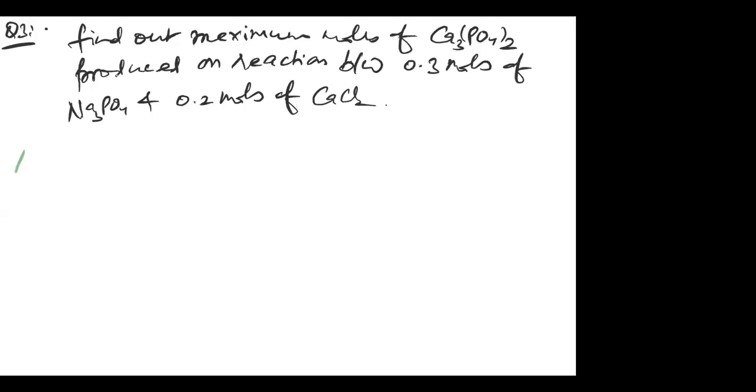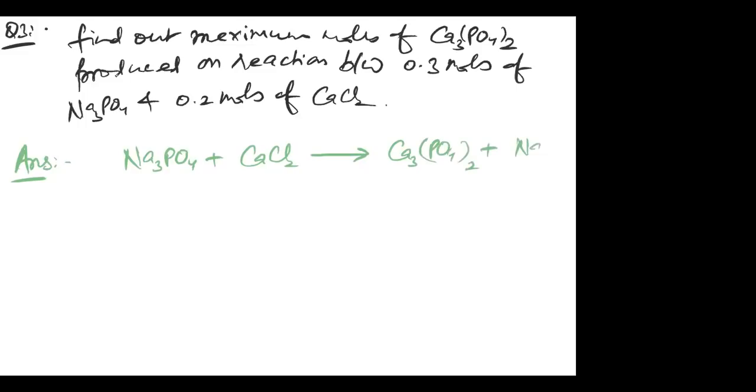So as per the reaction, Na3PO4 is combined with CaCl2, and this produces Ca3(PO4)2 and NaCl.